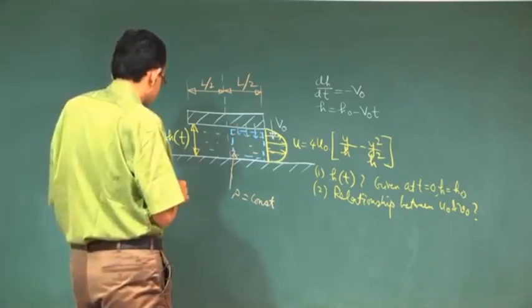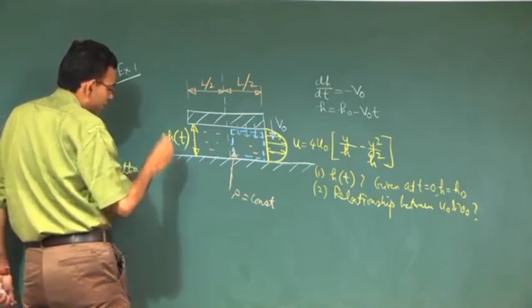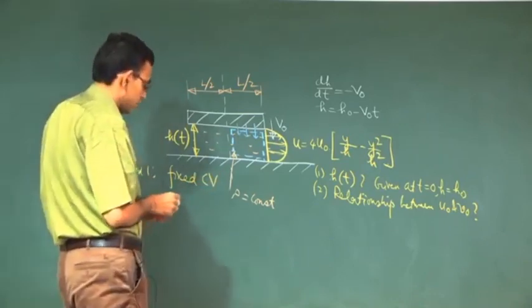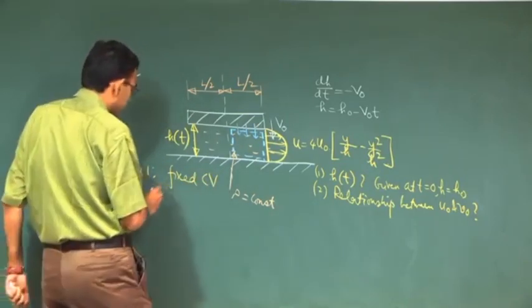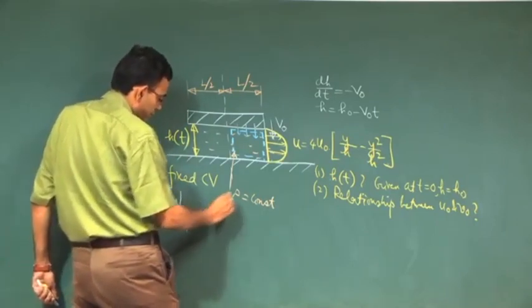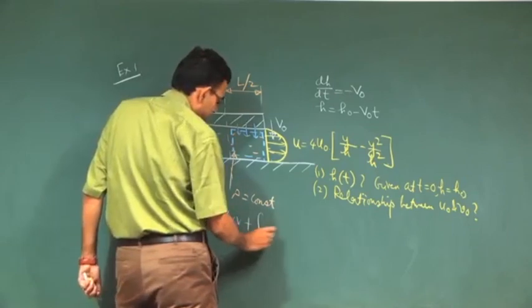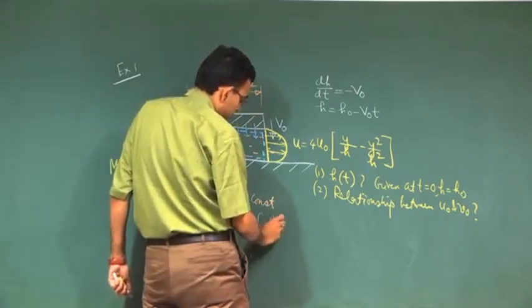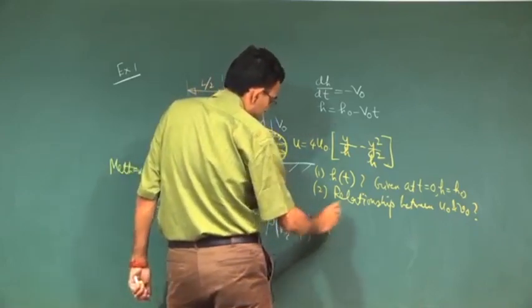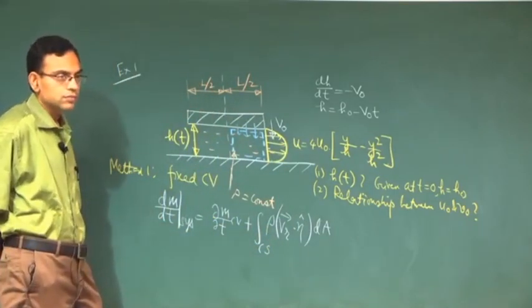So the first method, we will consider that fixed control volume. So if you apply the mass conservation, okay.